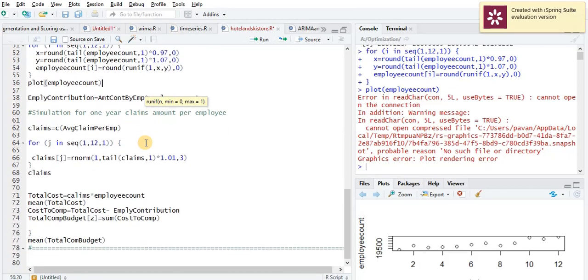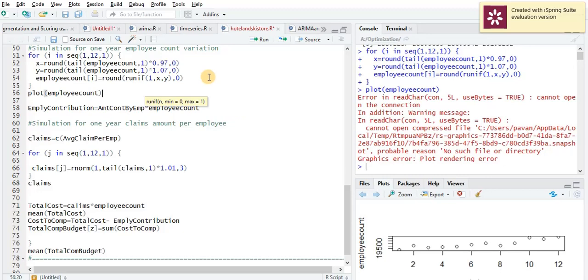Since the employee count varies from month to month and follows a uniform distribution, we will simulate employee count for a 12-month duration. The minimum value, a 3% decrease, is 0.97, and the increase is 1.07, since it is given as 7%.